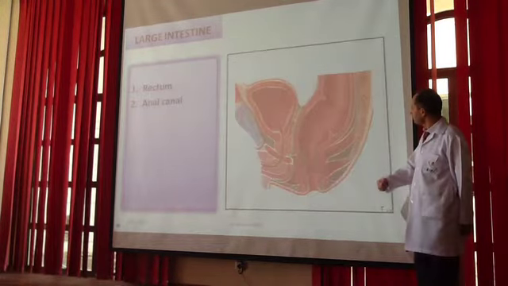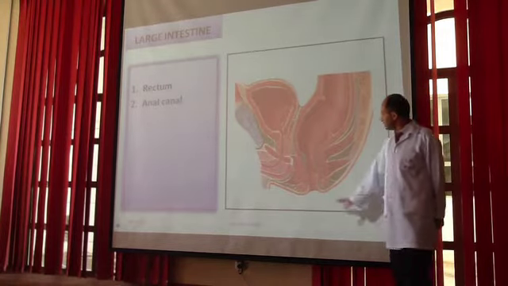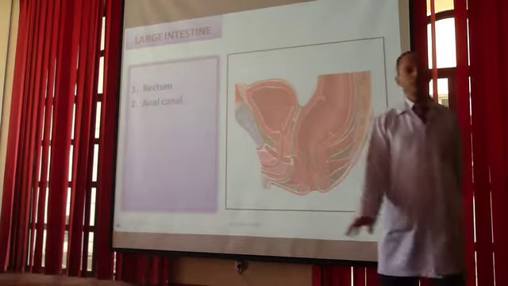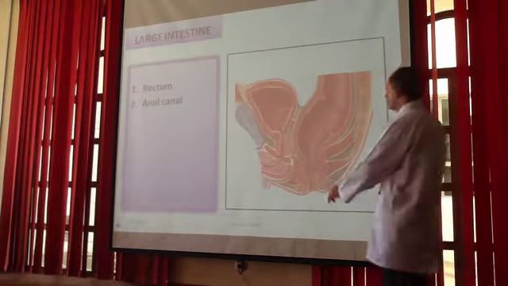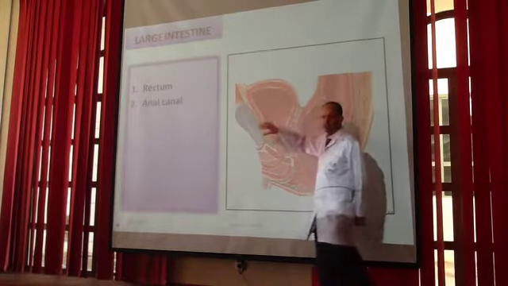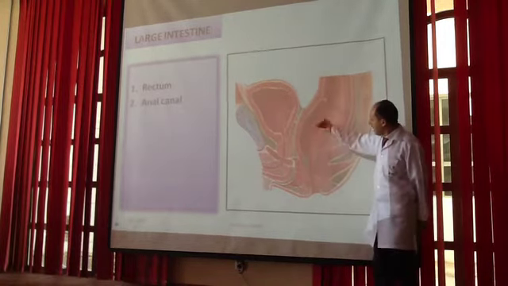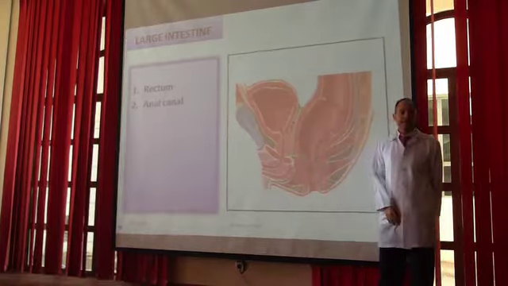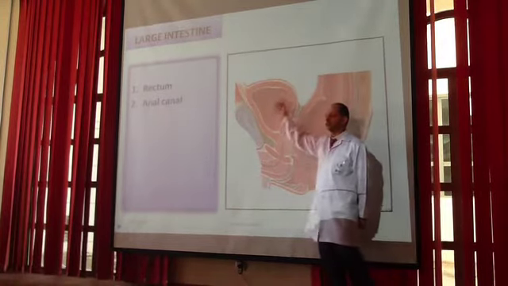Relation of the rectum in male and female. This figure belongs to male or female? Male. So simply we have two cavities. So this is the male side. Rectum, and then we have anal canal. Anterior relation for the rectum in the male, we have urinary bladder.